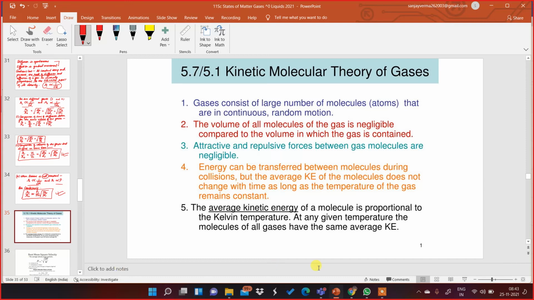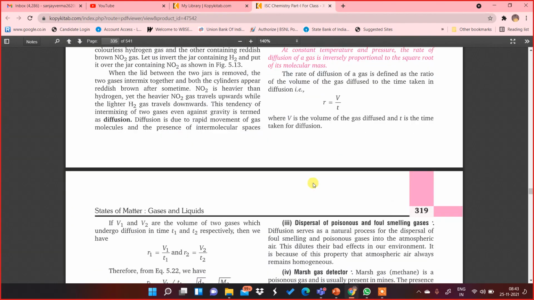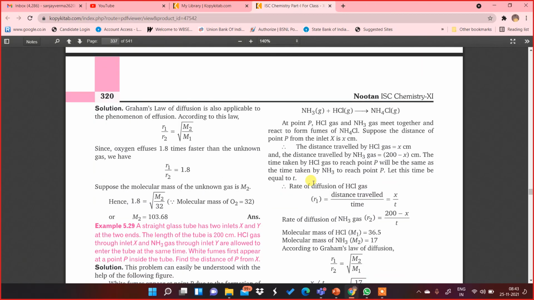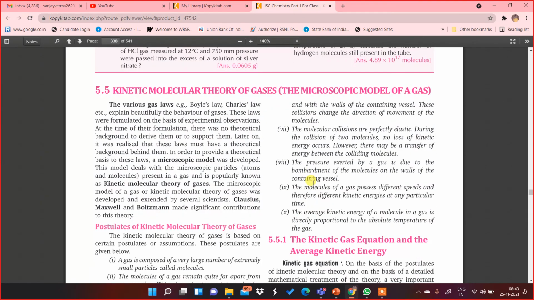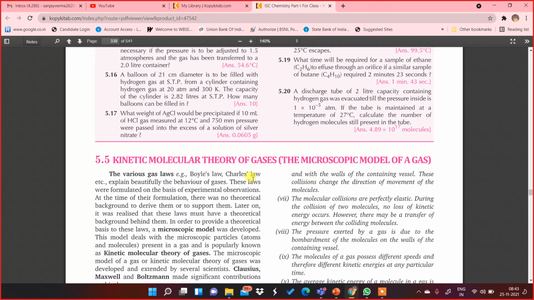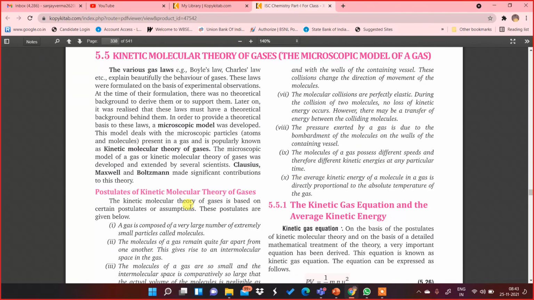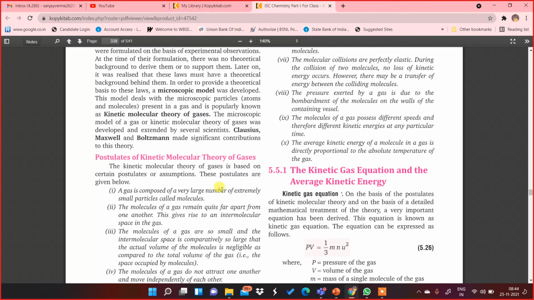Now, if you look at the textbooks, I'll tell you the page number. In my textbook, it is given on page number 321. Kinetic molecular theory of gases, the microscopic model of an atom. There are around 10 postulates.